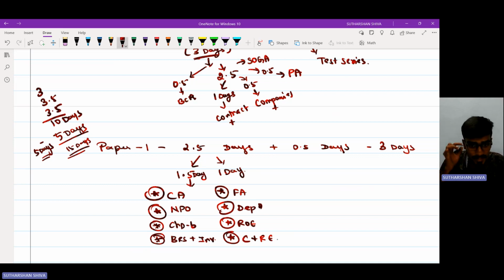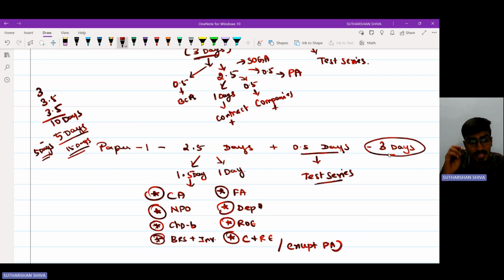If you do it like this, the entire portion will be completed except partnership accounts. In this 2.5 days, you will revise in this order. And then in the last 0.5 days, you will write one test series.